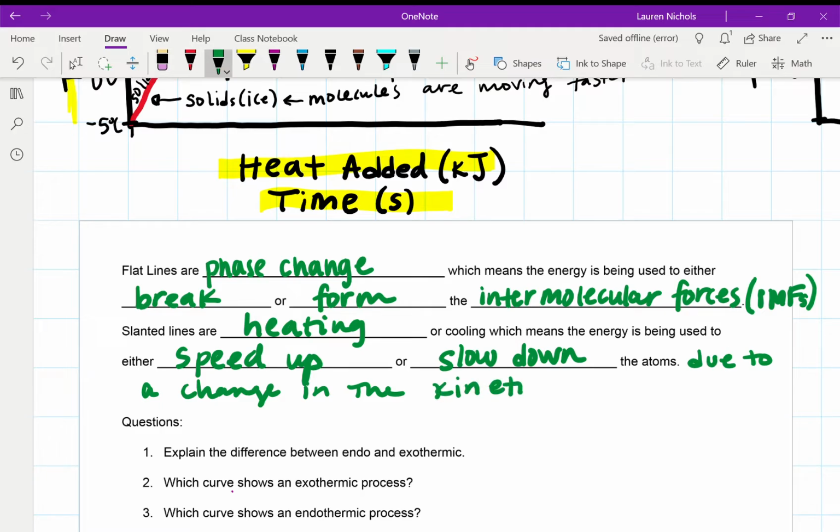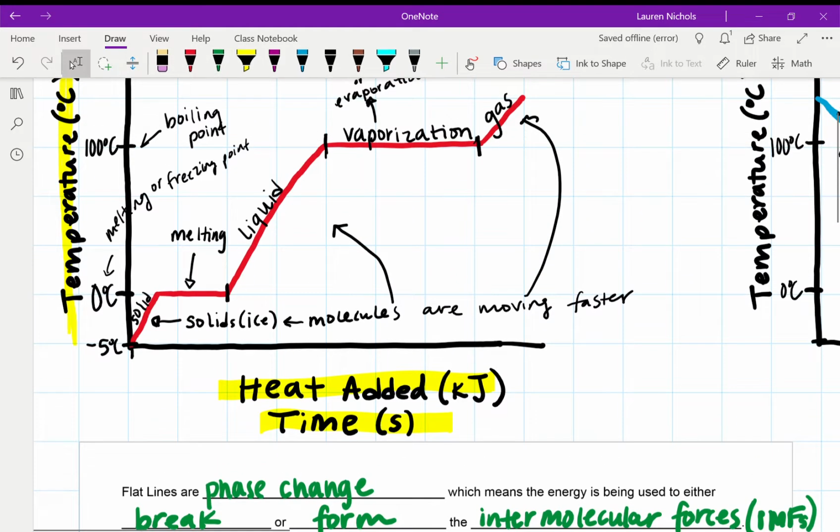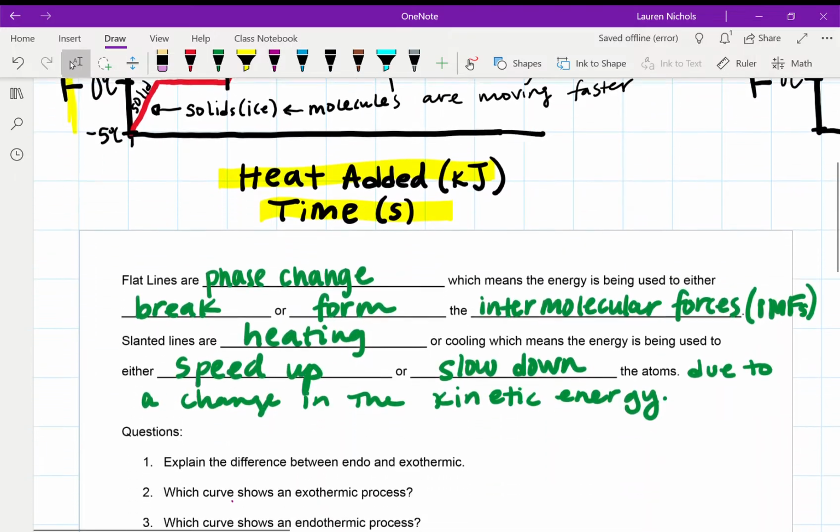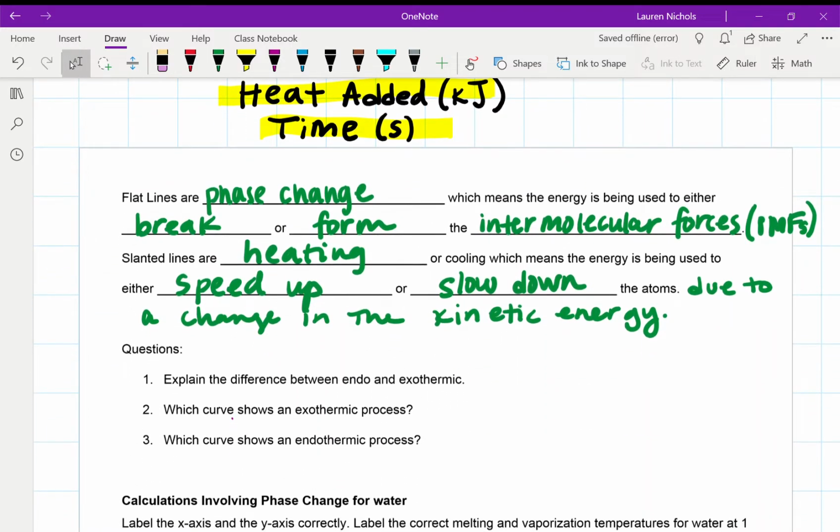Which, remember, the average kinetic energy is measured by the temperature. And the reason why we see this happen in distinct stages is the energy can only be used for one process at a time. It can either speed up or it could break intermolecular forces. It can't do both at the same time.